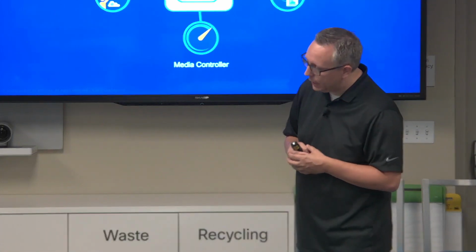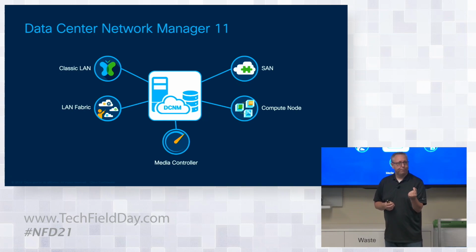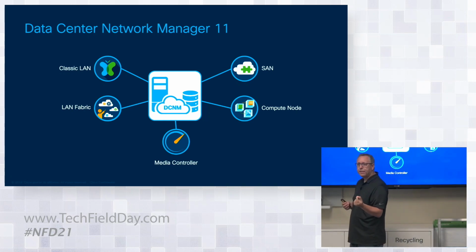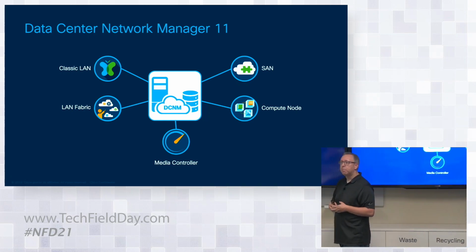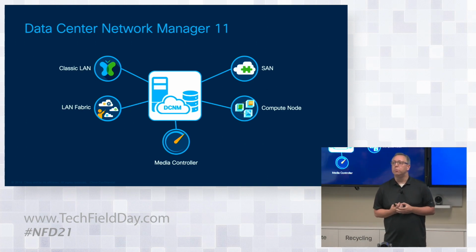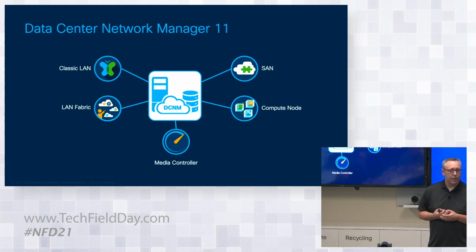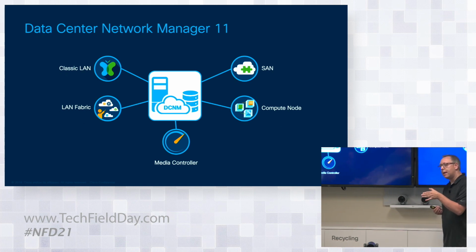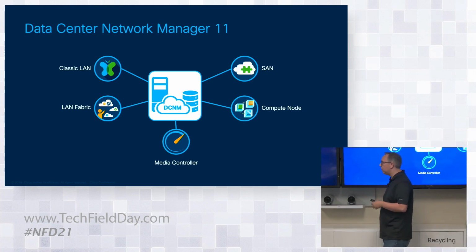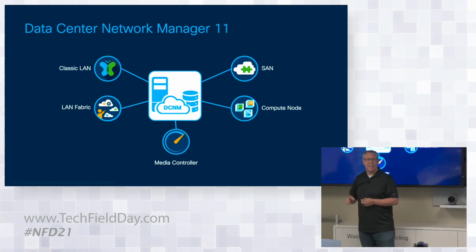And as you can see here, it's not anymore just one DCNM. It sounds strange. No, we didn't create a multiple product. It's one single product, but it has different modes you can use. So we have different install modes, which you can select, actually the same software type in their respective operational mode you want to see. Now, classic LAN is what we called DCNM LAN in the past.